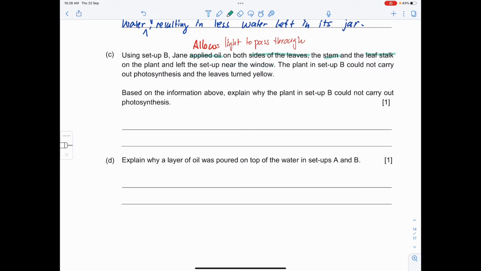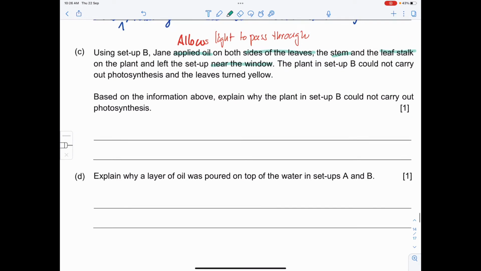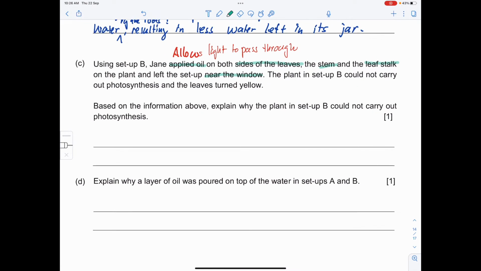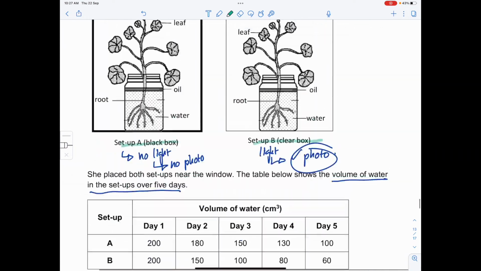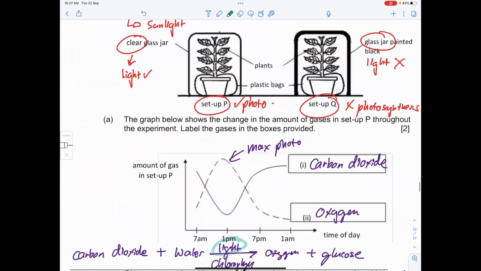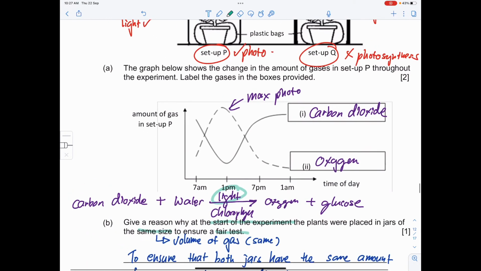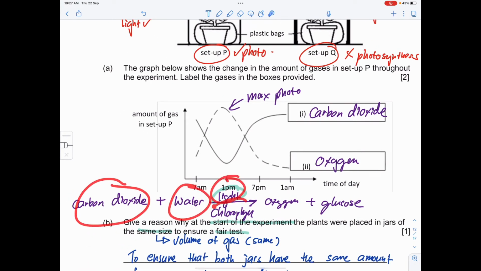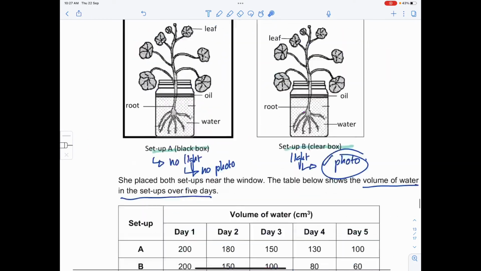So near the window tells you that there is still light for photosynthesis, but that doesn't mean that it's able to photosynthesize. Because if you remember correctly, based on our word equation over here, you would need carbon dioxide, water, light, and your chlorophyll in order for photosynthesis to successfully happen.